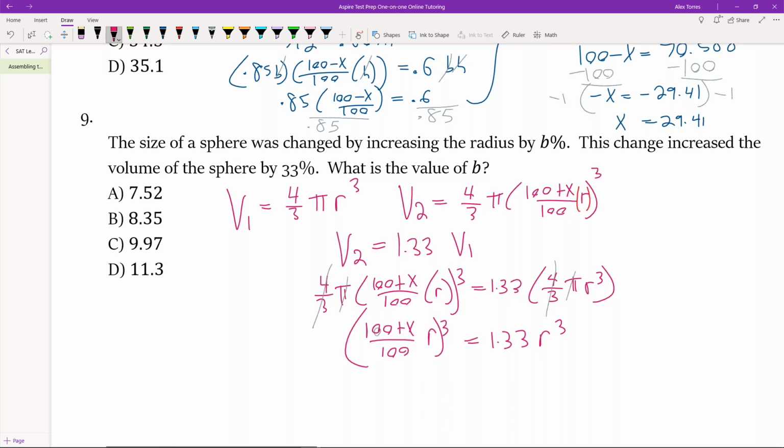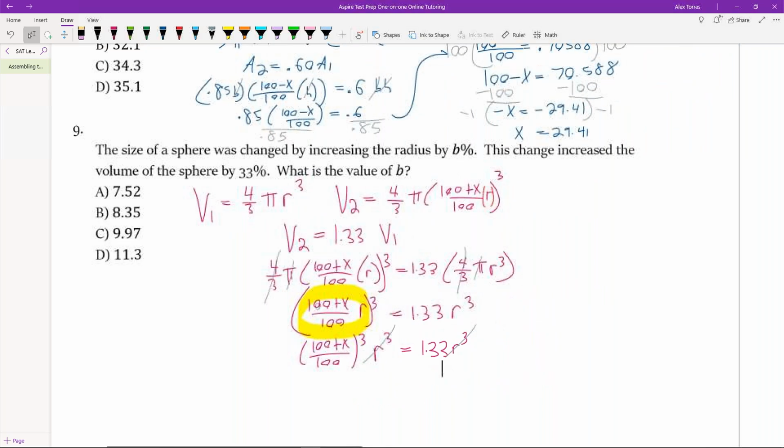Actually, before we do that, if this entire thing is to the third power, that's equivalent to saying ((100 plus x) over 100) to the third power and r to the third power, because everything in there is to the third power. Now this is necessary because now we can divide both sides by r to the third and they cancel away.